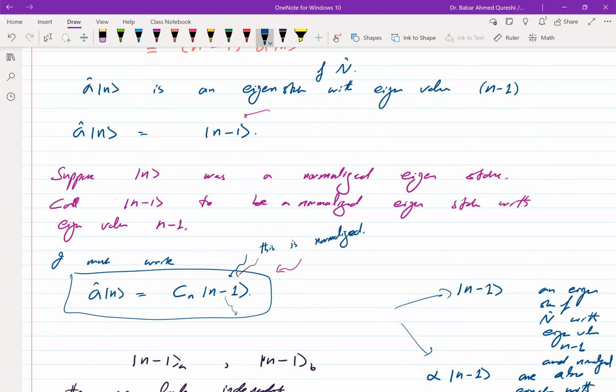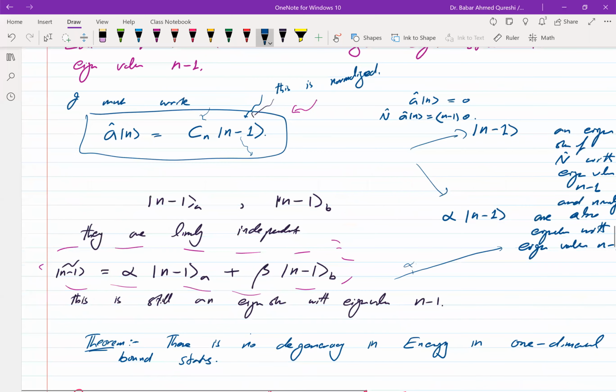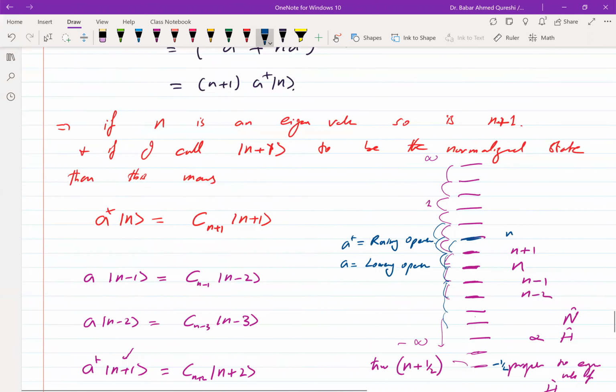So this lowering can stop if at some point I get a zero over here, because that would be completely consistent, because if this is zero, then all I have to have is equal to n minus 1 times 0, which is true. When you get a 0 vector, that's not an eigenvector. So that means this lowering has to stop.